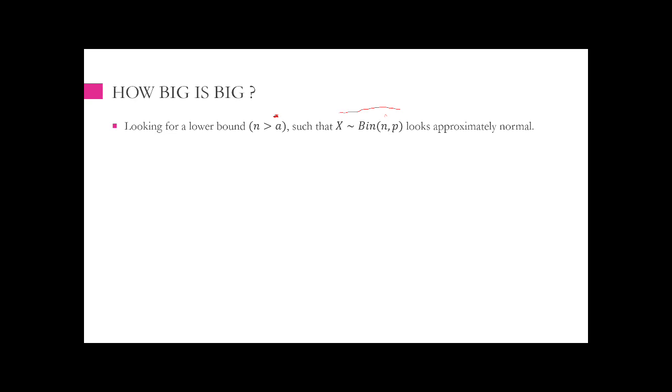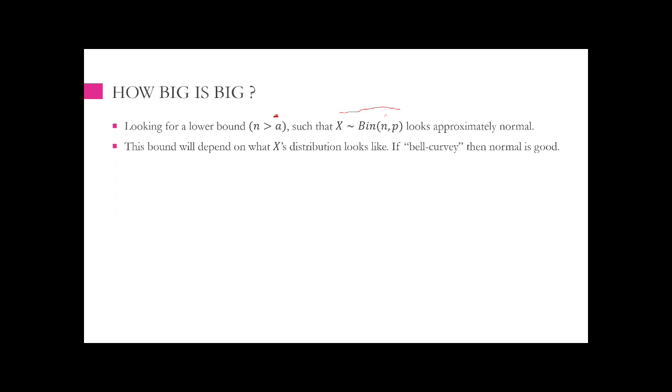That's kind of the question we want to ask. And the way this works is the bound for what n needs to be greater than will depend on what your distribution looks like. So if your binomial distribution looks bell curvy, or if it already looks normal, then your n's probably going to be quite small.